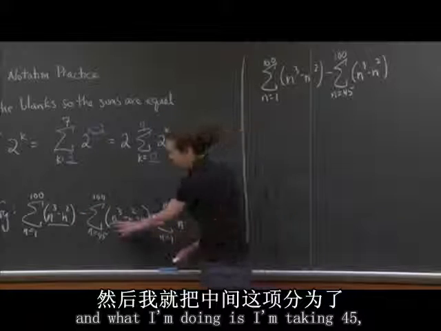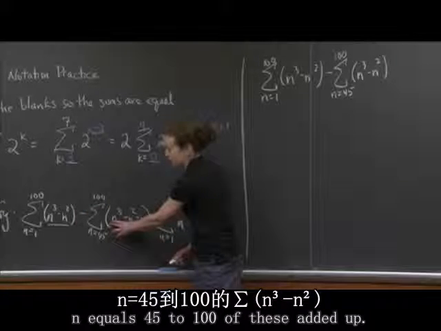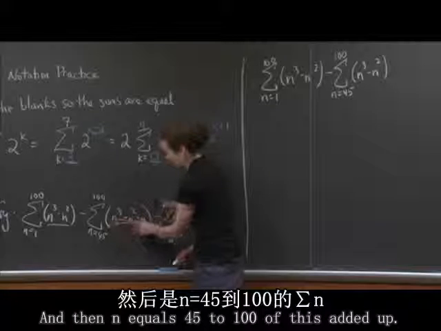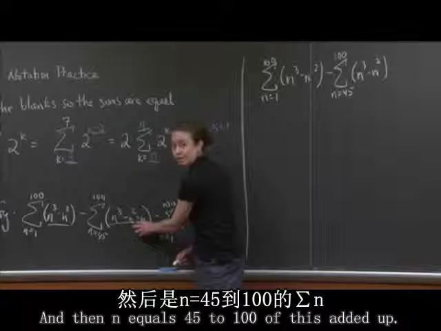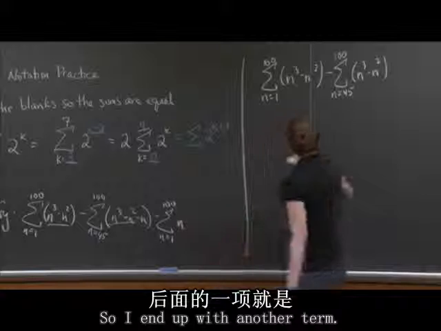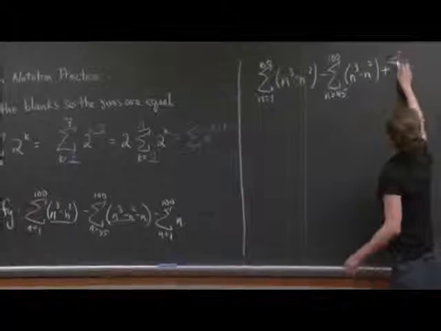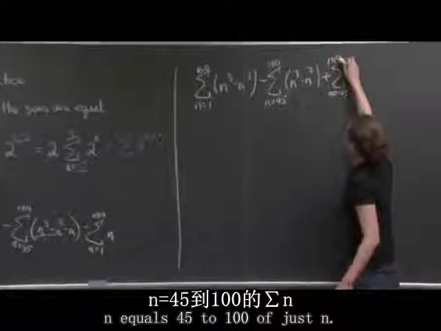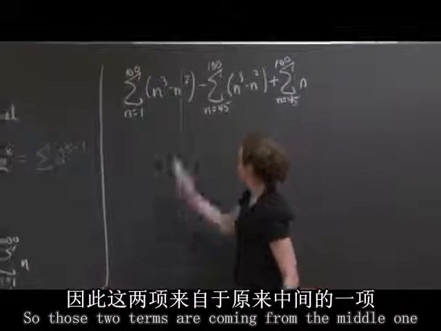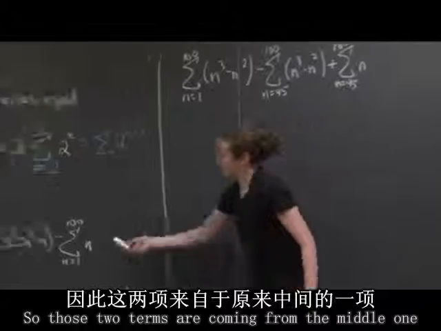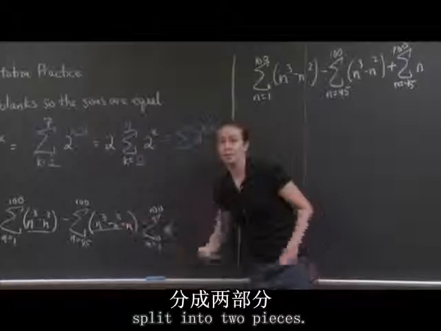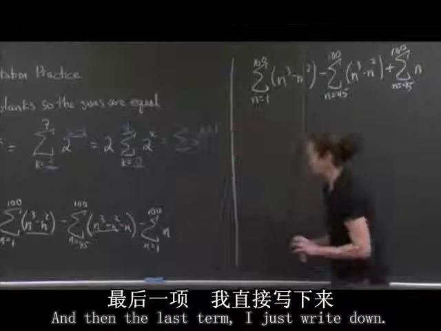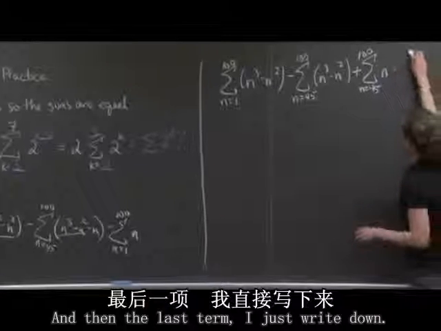And what I'm doing is I'm taking n equals 45 to 100 of these added up, and then n equals 45 to 100 of this added up. So I end up with another term, n equals 45 to 100 of just n. So those two terms are coming from the middle one, split into two pieces. And then the last term, I just write down.